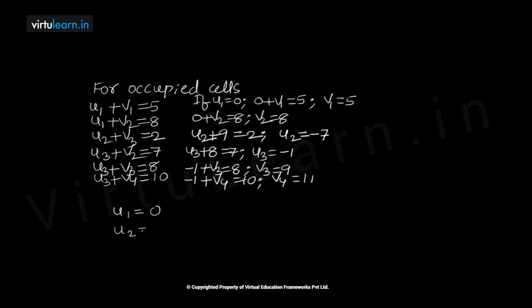U2 is equal to minus 7. U3 is equal to minus 1. And then V1 is equal to 5. V2 is equal to 8. V3 is equal to 9. V4 is equal to 11.